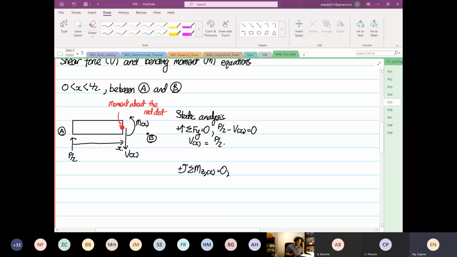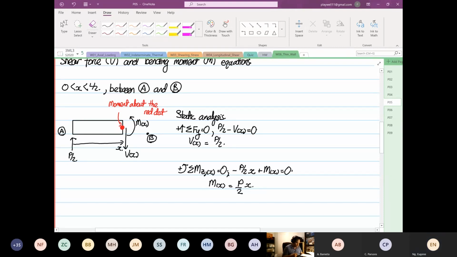The P over 2 multiplied by x is going clockwise, so minus P over 2 multiplied by x, plus M as a function of x is equal to 0. So over here, M as a function of x is equal to P over 2 multiplied by x.